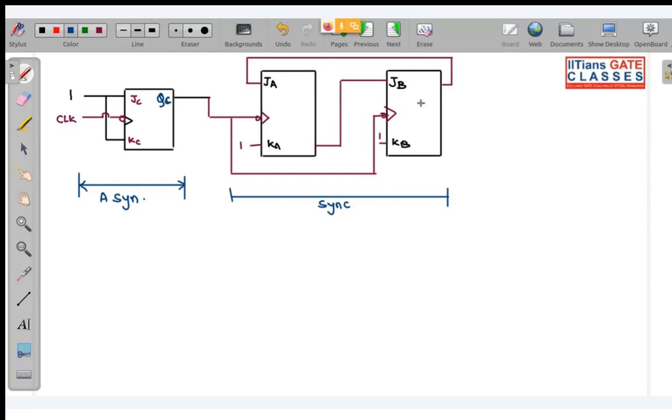So very quickly, I want you to tell me what will be the mod number over here. So quickly tell me what will be the mod. What will be the mod over here?